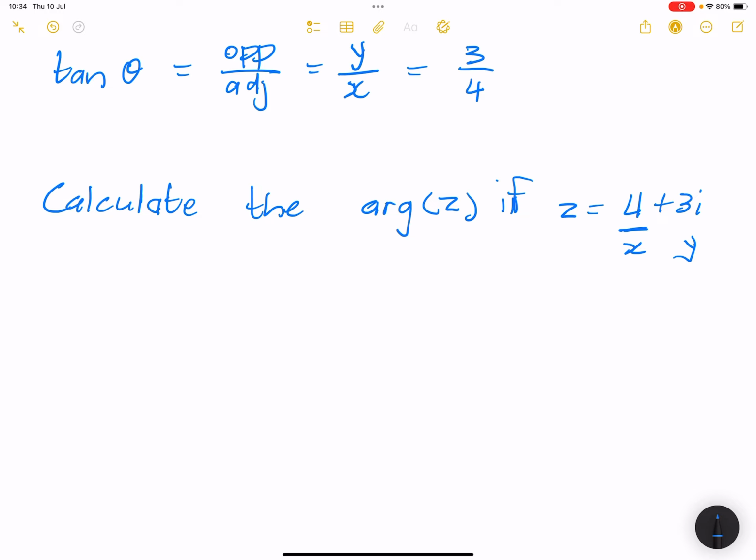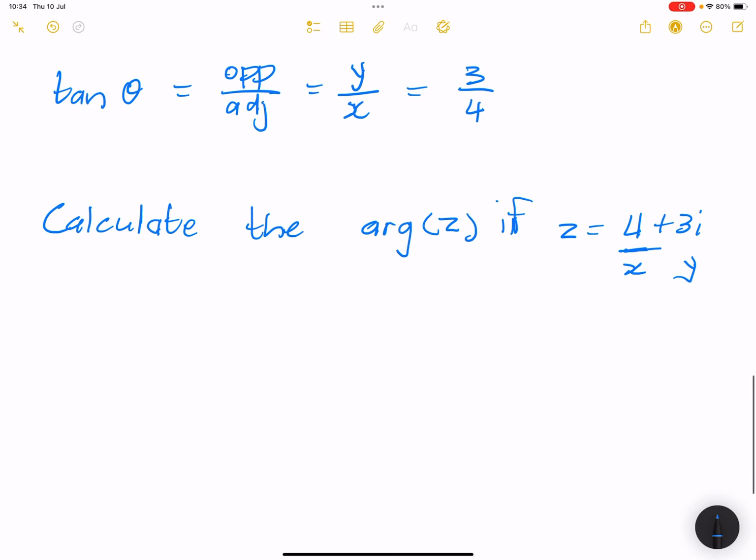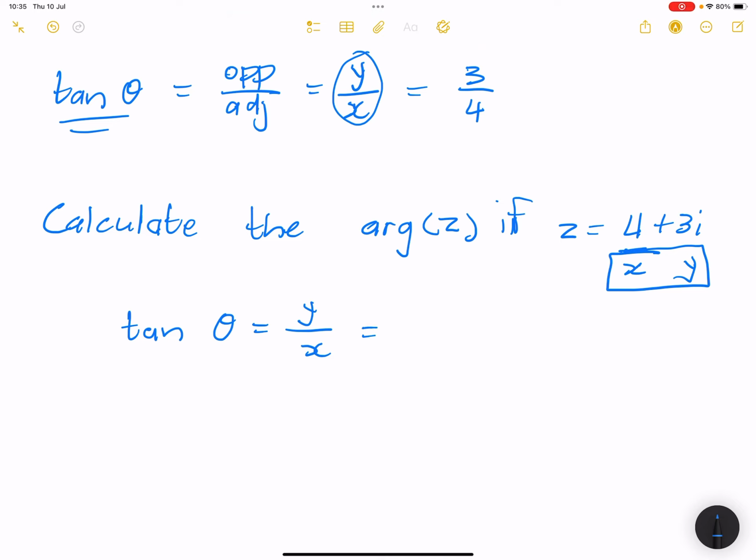So I'm going to use the trig ratio that has x and y. And which one is that? That's going to be the tan of theta. So to get the argument, tan of theta would be y over x. But what is y? y is 3 and x is 4, right?